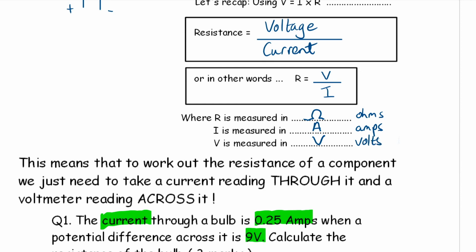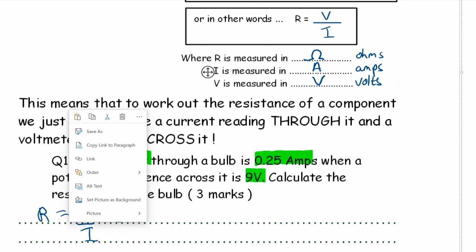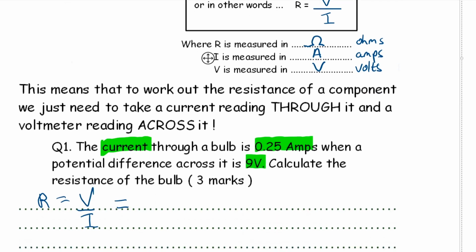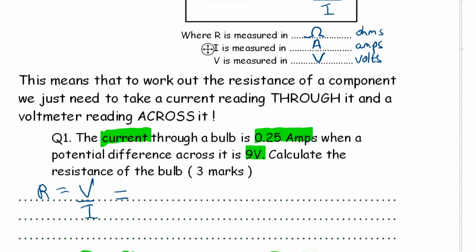Here we go. This means that to work out the resistance of a component, we just need to take a current reading through it and a voltmeter reading across it. Remember, ammeters in series, voltmeters in parallel.